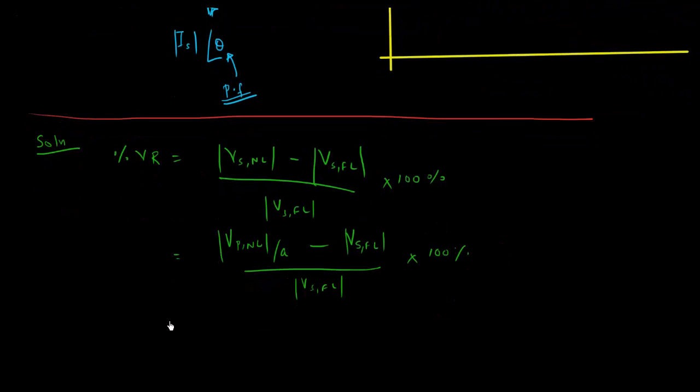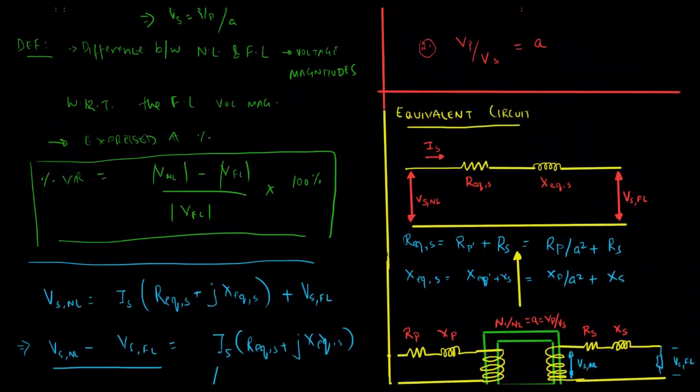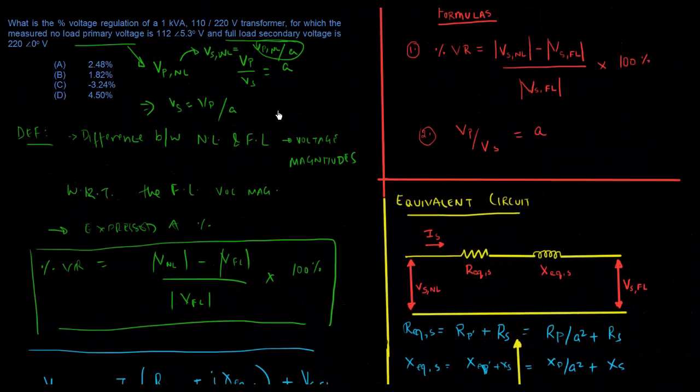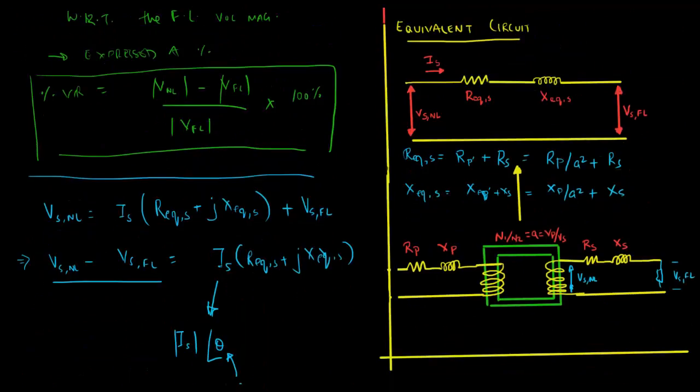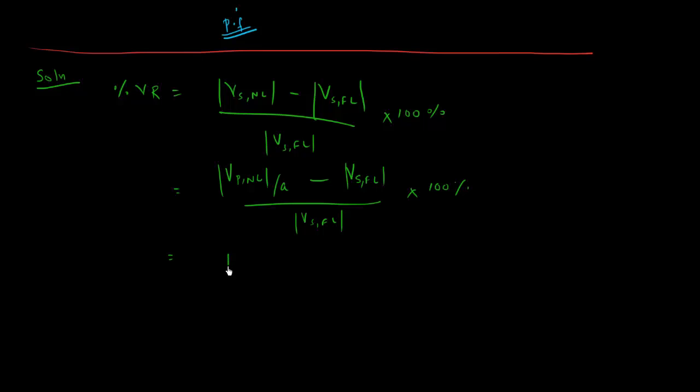So if we plug the values in, we're just interested in the magnitudes. Remember, we don't worry about these angles. So 112 and 220. We can write that as 112 over 0.5 minus 220 over 220 times 100%. Where do we get the 0.5?